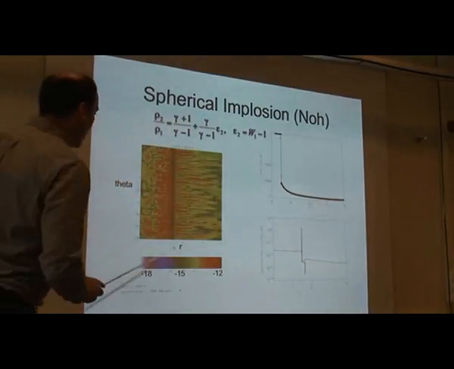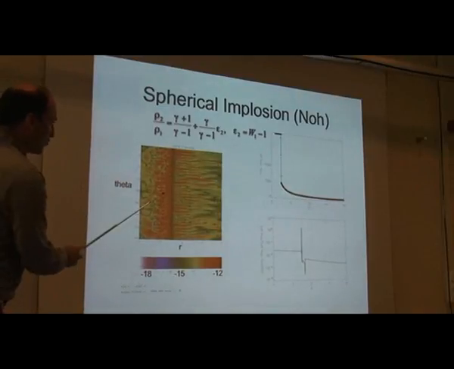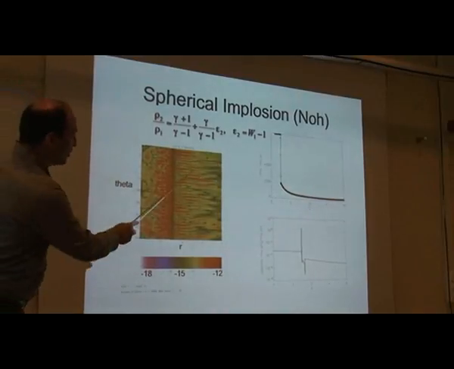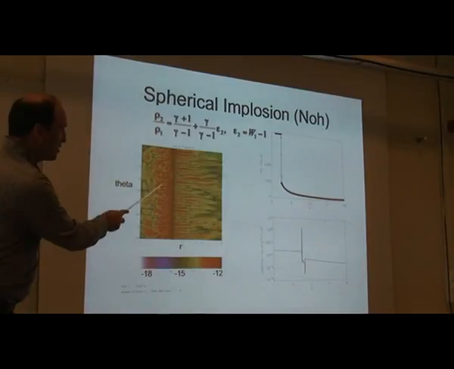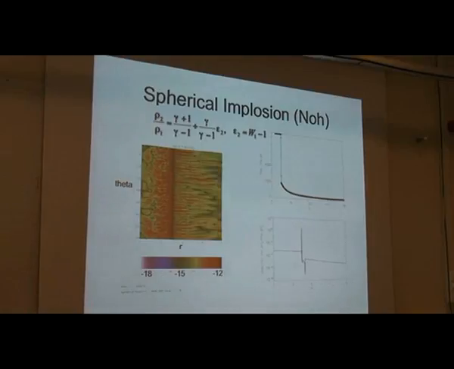And what you can see here is these are small numbers. So this is 10 to the minus 12, this red. But you can see in this flow that's just coming in, there is some noise introduced by this adaptive mesh refinement, but it's very close to numerical round-off error. So, machine precision. It's very close to that. So there is some error introduced by AMR, but it's very small.